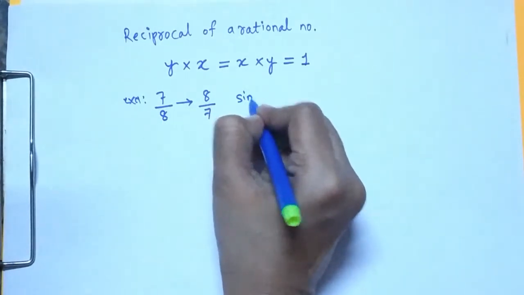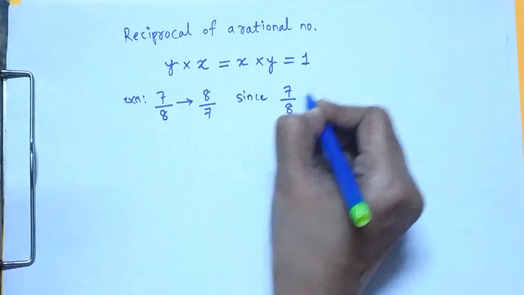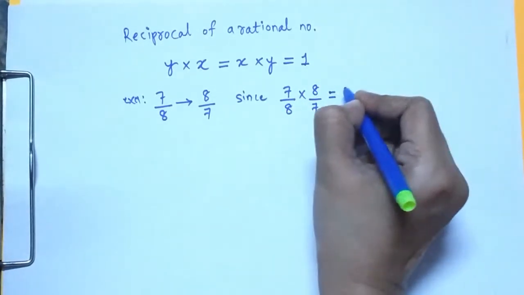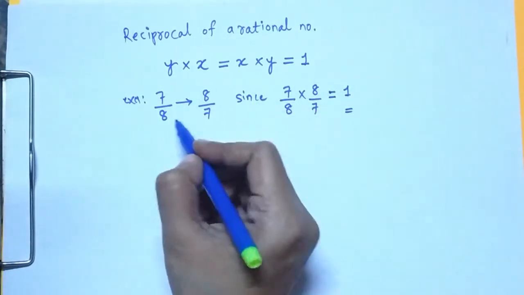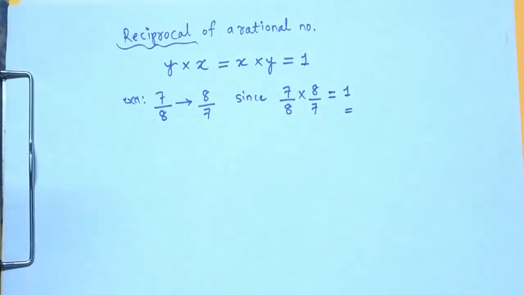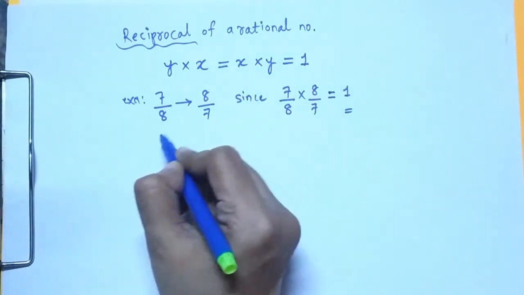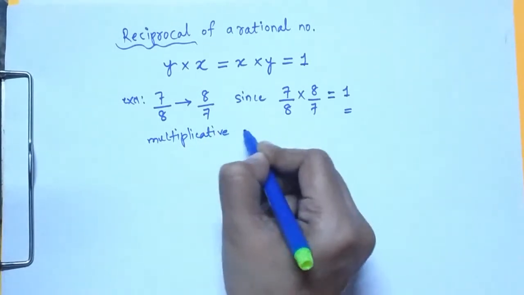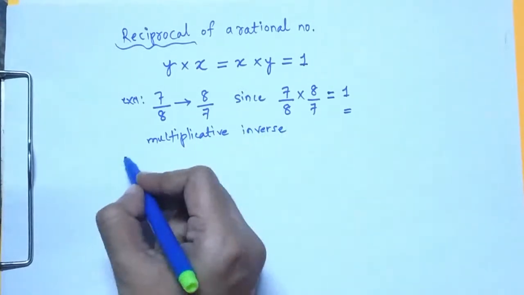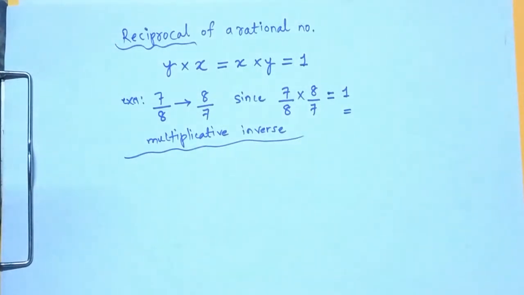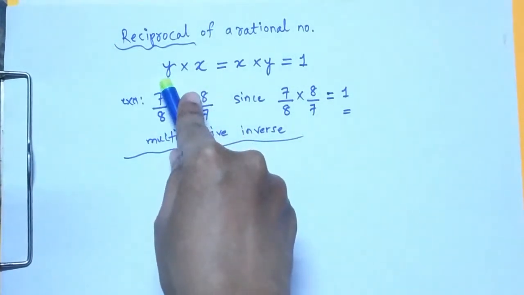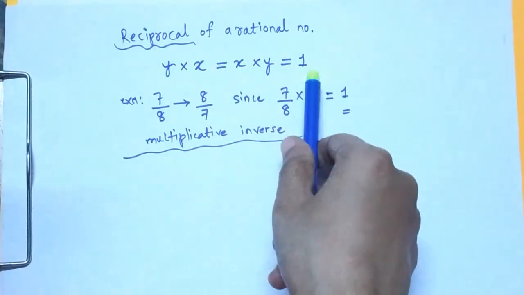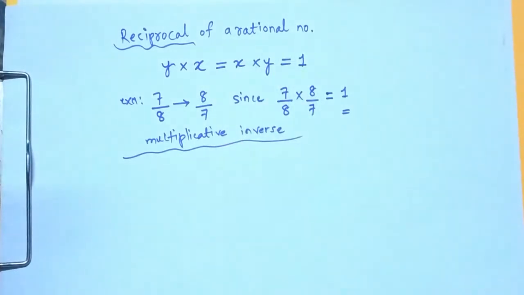Why? Because 7 by 8 into 8 by 7, we'll get 1. This reciprocal is also called the multiplicative inverse. For any rational number y, there is x such that x into y and y into x give 1, and here 1 is the multiplicative identity.